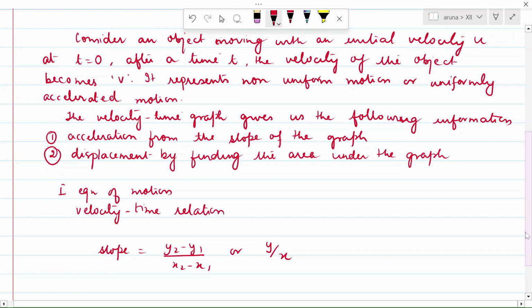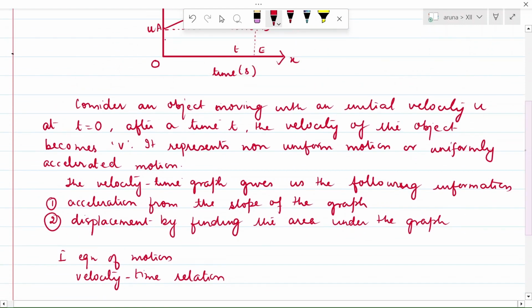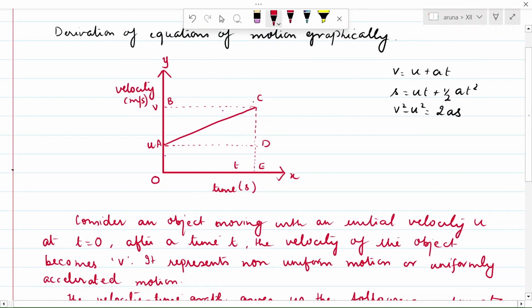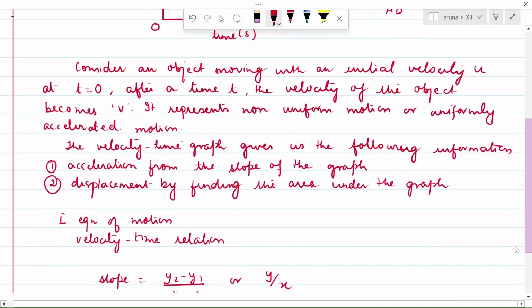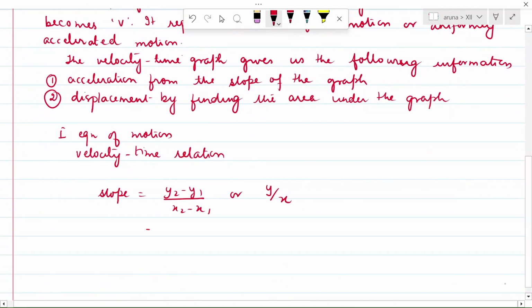In our graph, this is the triangle ACD. In this triangle, the slope will be y, that is CD, and x, that is AD. So CD upon AD. The slope represents acceleration, as we have just done.